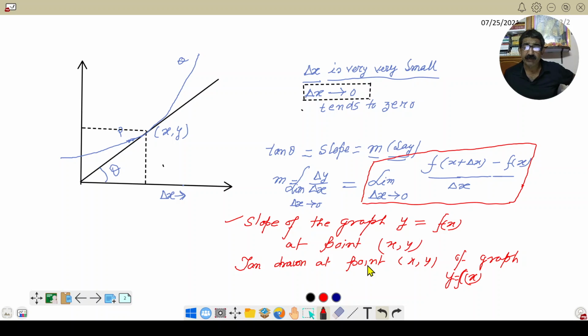And in terms of calculus, this is known as the derivative of the function.